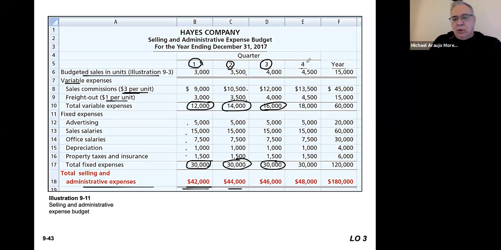And in the fourth quarter, you're selling even more. So higher variable expenses are budgeted for commission and freight. And again, no changes to your total fixed. So in essence, after your 4 quarters are done, you need $180,000 budgeted for your selling and administrative areas. Okay. And that illustration 9.11 is very good.